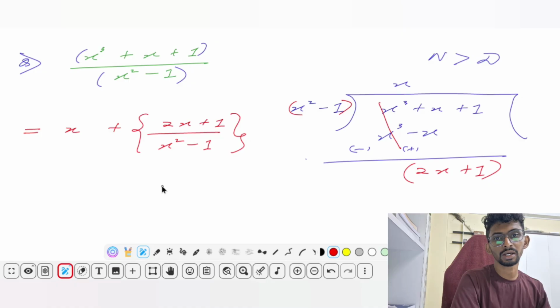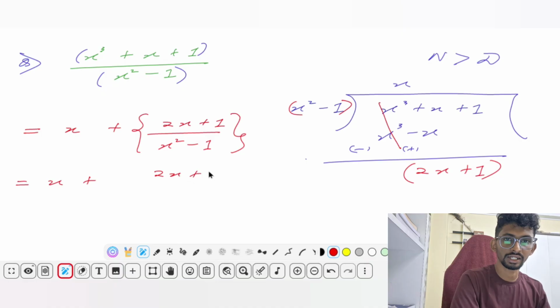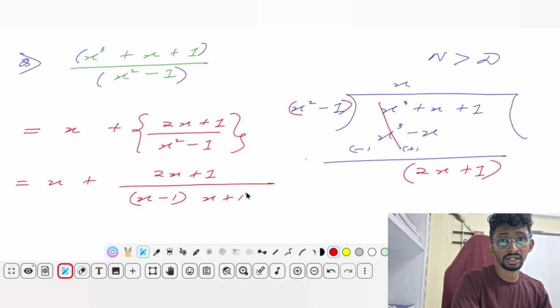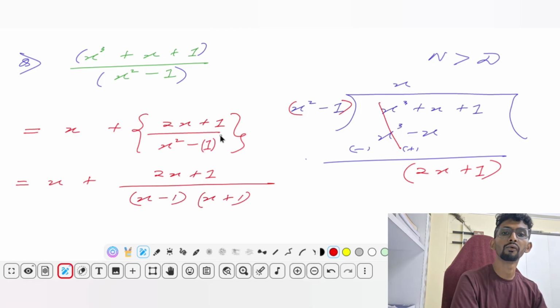So here you can observe now the degree of numerator is less than the degree of denominator. So we can use the same process. Let me write one more line, that is x plus 2x plus 1. This we can write as x minus 1 times x plus 1, because x square minus 1 is nothing but x square minus 1 square, which is in the form of a square minus b square.